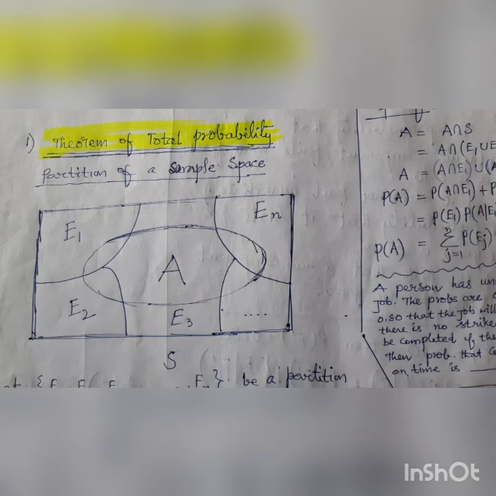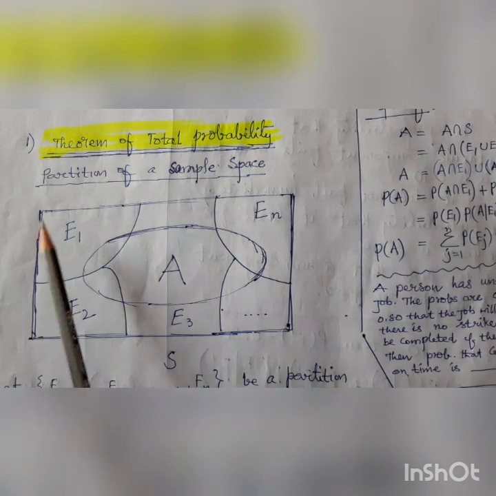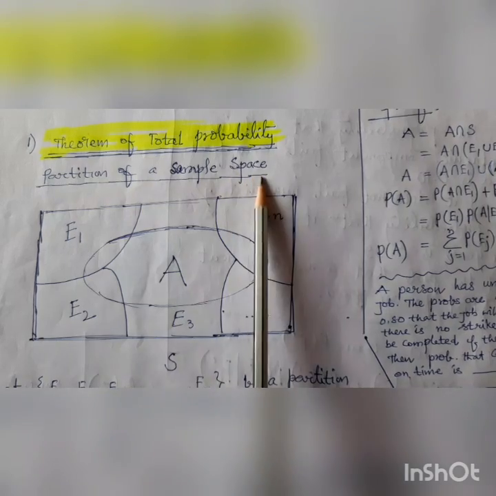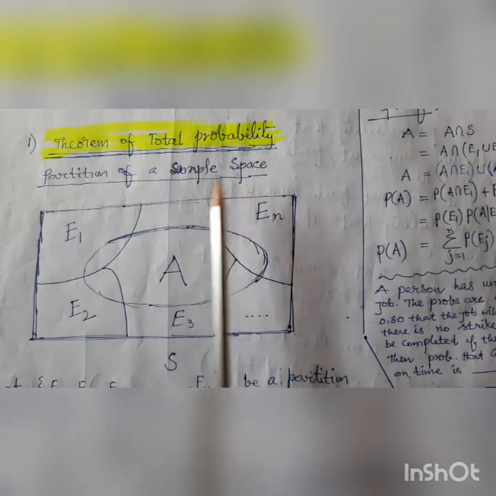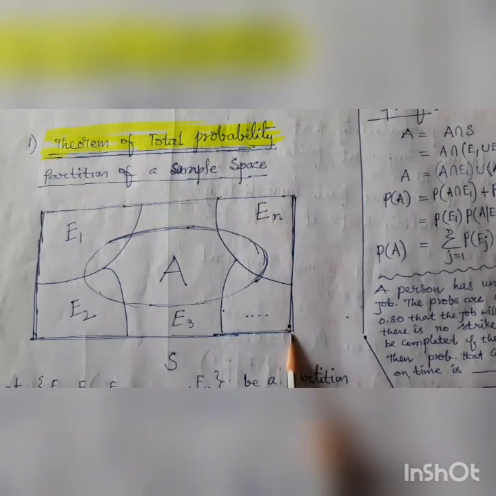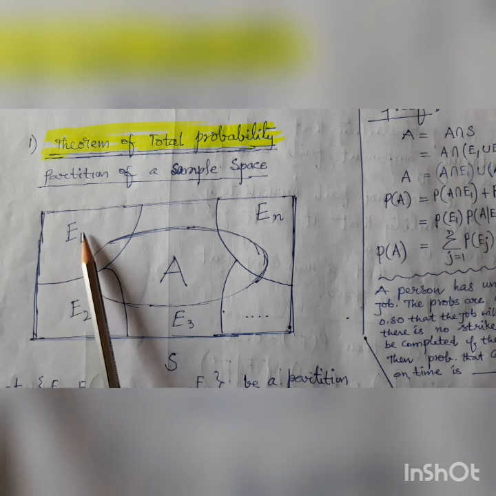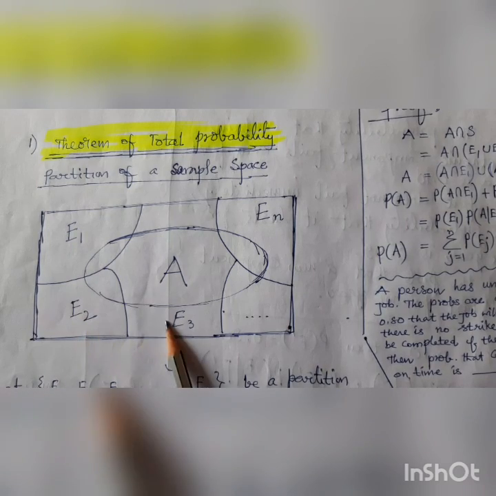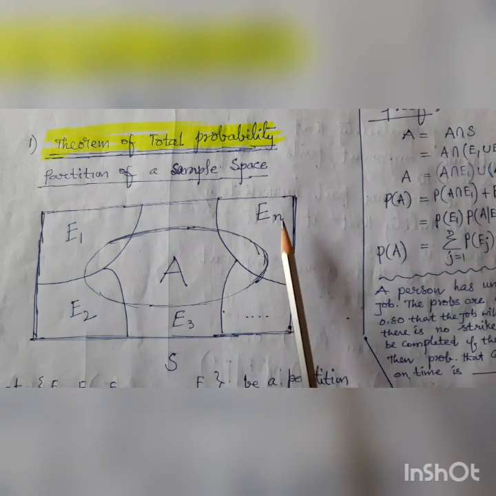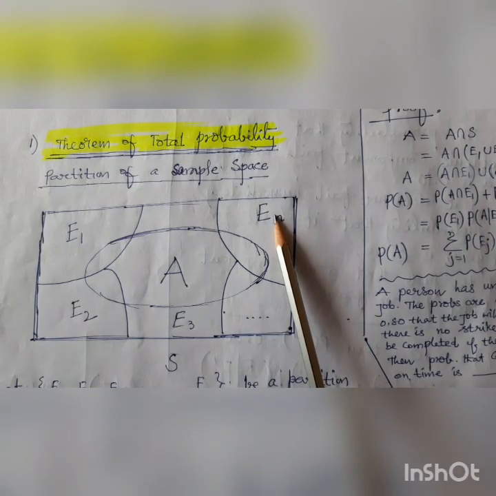Dear students, theorem of total probability, partition of a sample space. This is the sample space. I have plotted the sample space E1, E2, E3, E4, so on, like this, En.